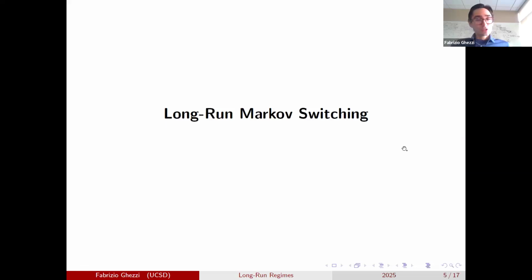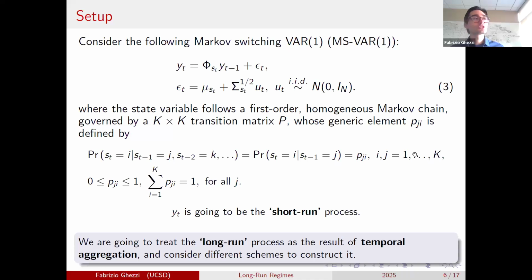Okay. So hoping that was enough to get you interested, in the second part of the talk we now move to the setup and the results of what we actually do in this specific paper. The setup I'm going to consider is very, very simple. I'm going to take a Markov-switching VAR, a vector autoregression of the first order that will display this regime switching behavior.